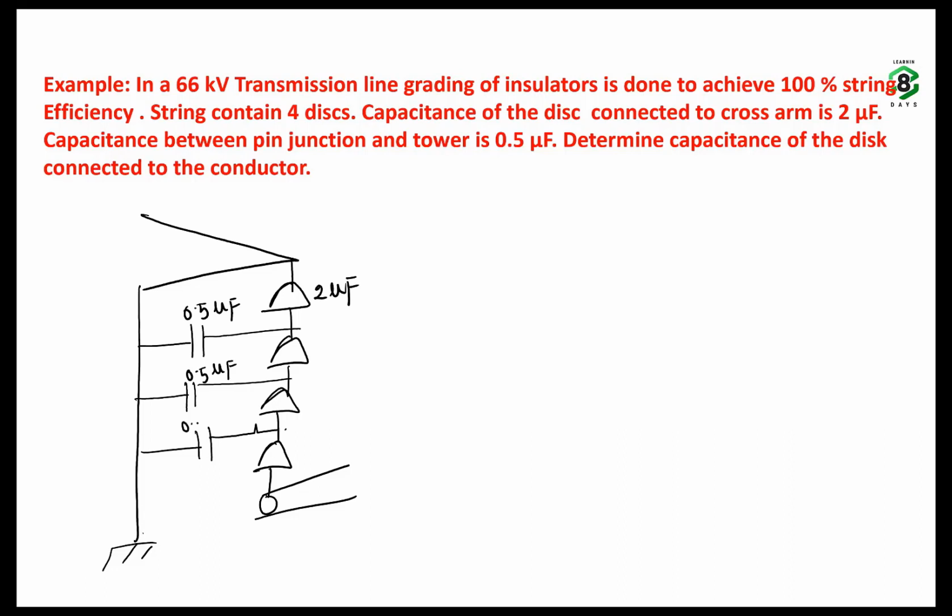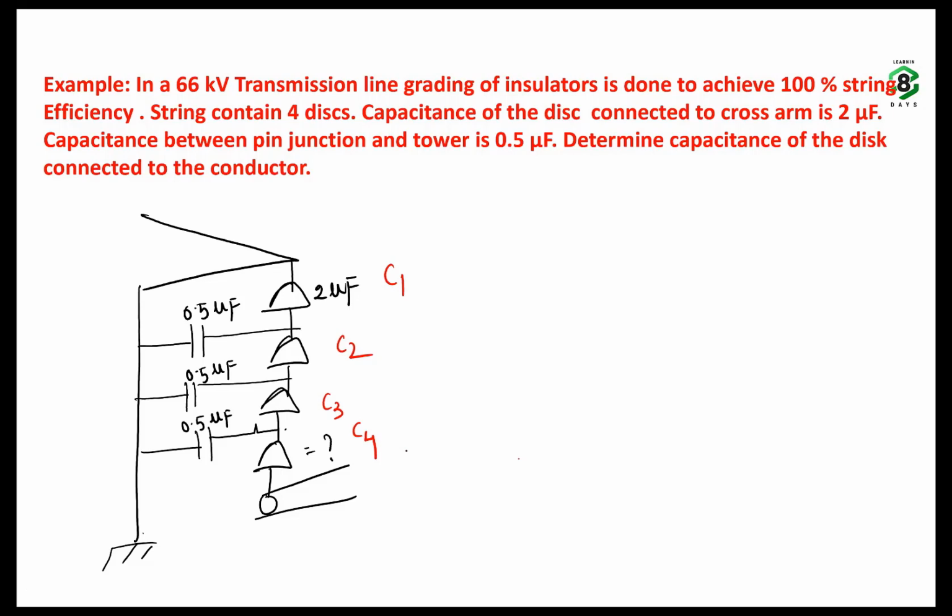Now, what he's asking is to find the capacitance of the disc connected to the conductor. So if these are C1, C2, C3 and C4, he is asking the value of C4.